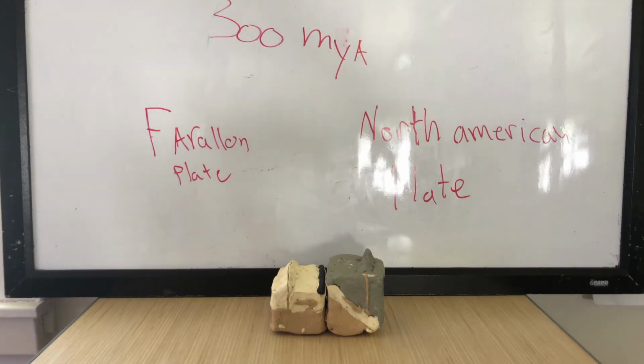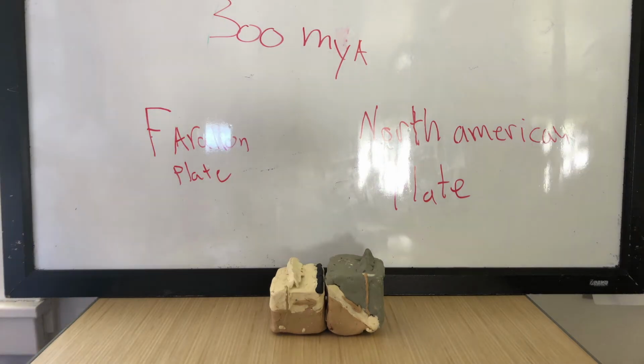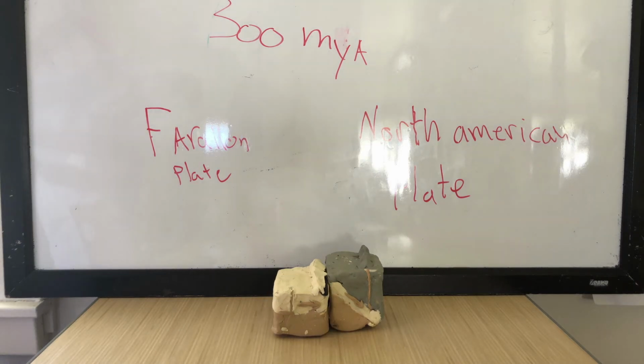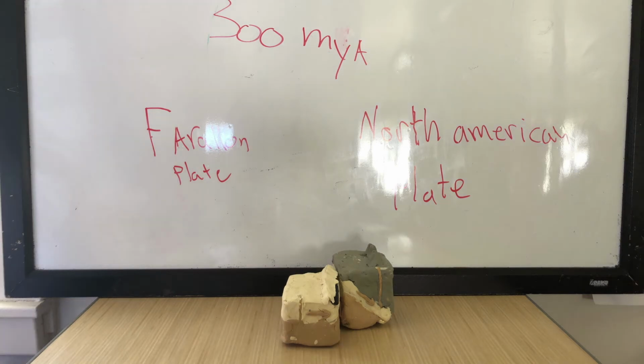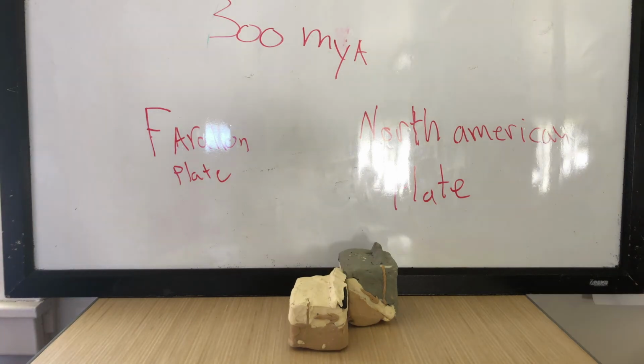Well, for starters, there are 2 types of convergent plate boundaries. One of them is subduction, in which an oceanic crust interacts with a continental crust, and since the oceanic crust is more dense, it sinks under the continental crust and into the Earth's mantle, where it remelts into magma.